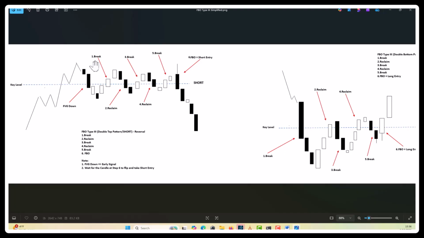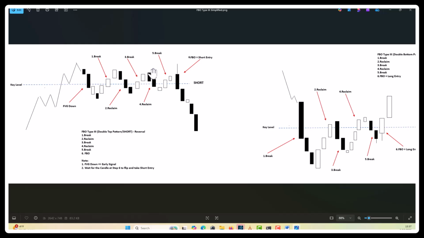Keep in mind that we number the break to the upside, which is the sell-side liquidity engineering or buildup, as number 1, and then number 2 is the reclaim right away. That's the reason why we go with the numbering. But later on, you can see a larger example. We don't label the reclaim move, because we assume it's already there.